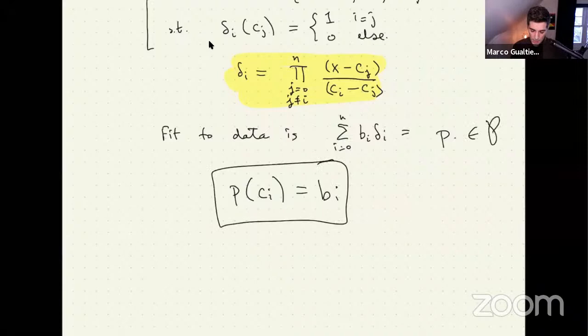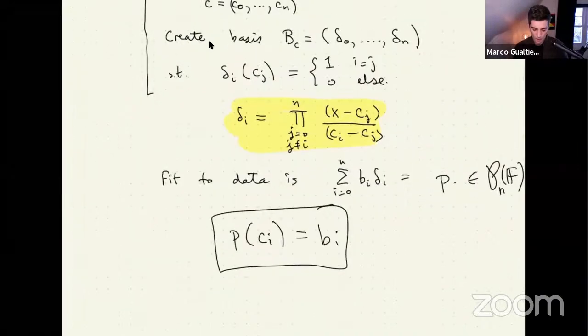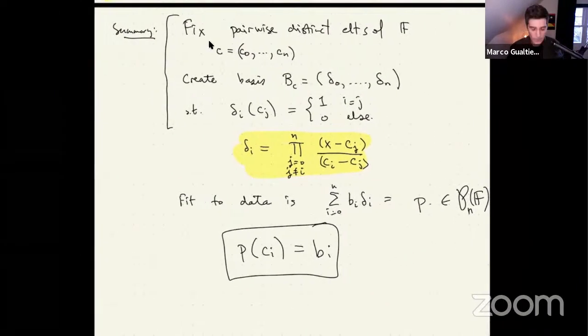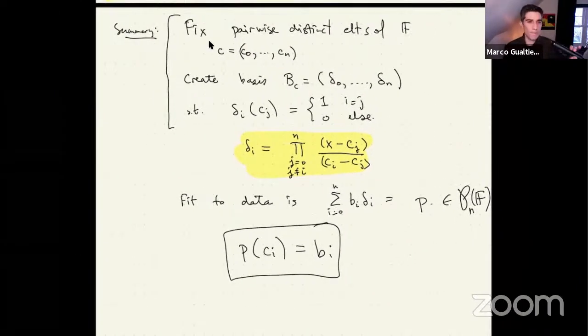And this is in Pn of F. Okay, so this is the summary of Lagrange interpolation.